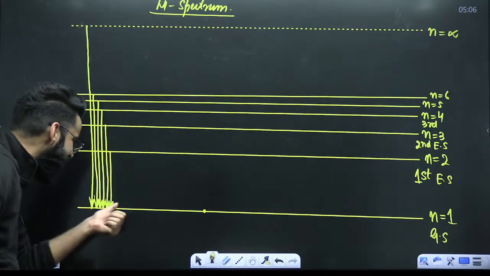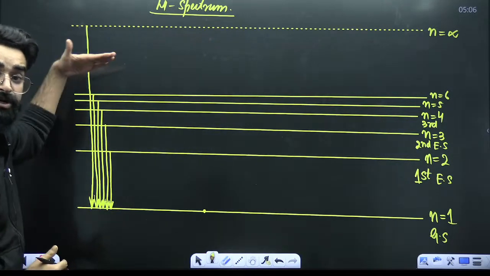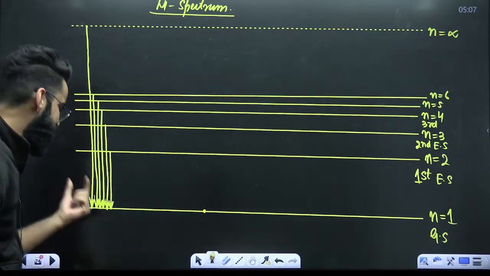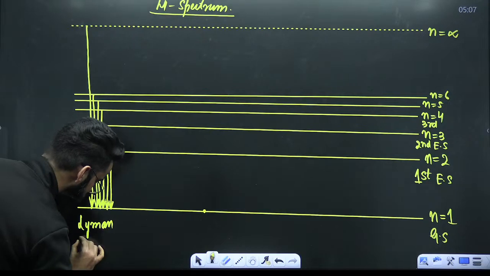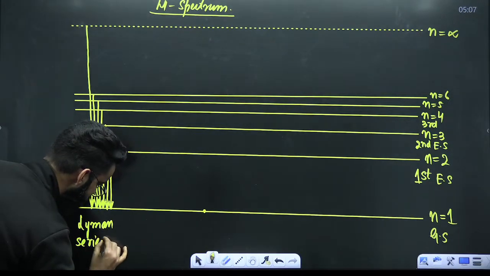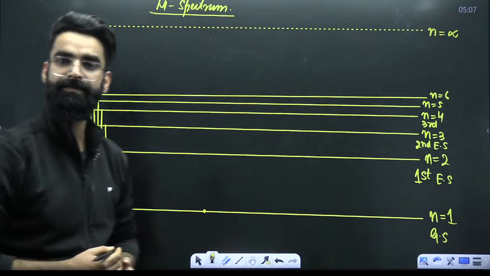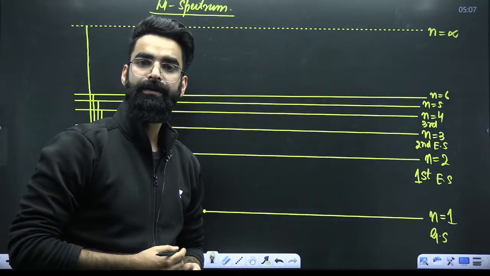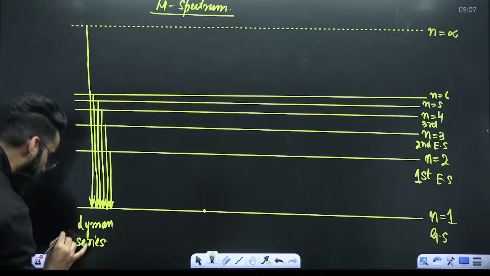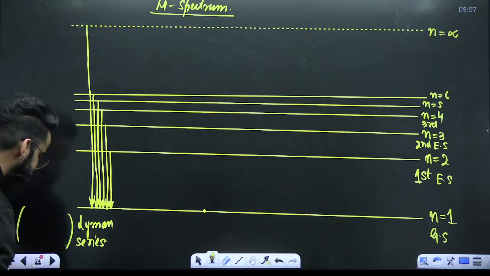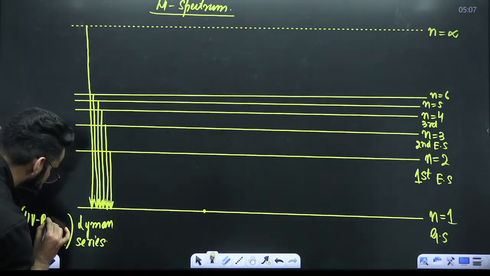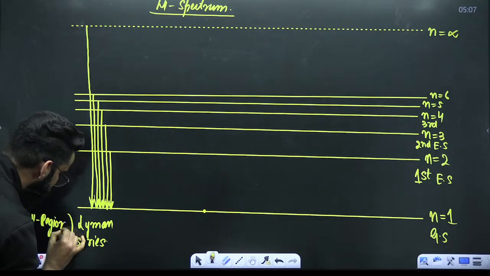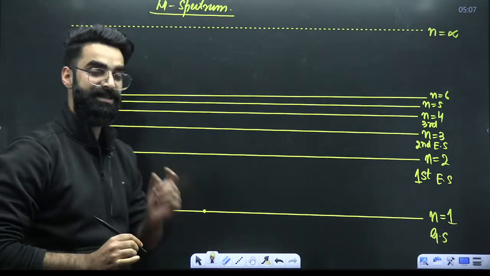This particular series of radiations, which we get when the electron makes a transition from higher to lower, you call the Lyman series. And let me tell you, whatever radiations we get in the Lyman series fall into the ultraviolet region. I'm going to talk about that in more detail in some time.